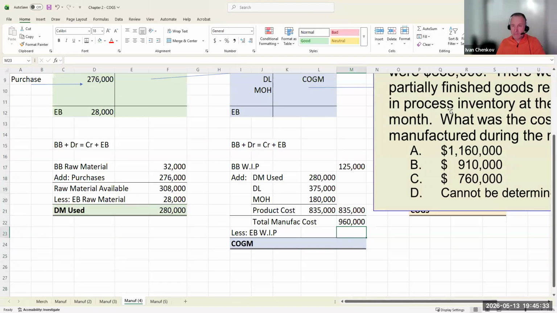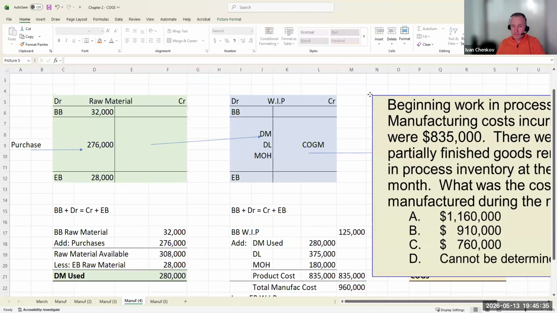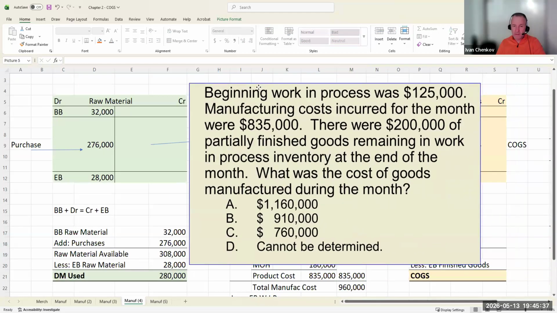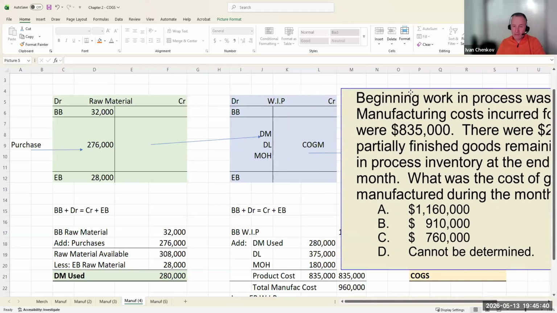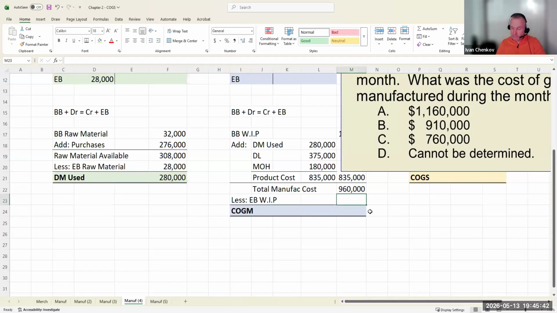Ending balance on the question is 200,000. And now I can get the final results. Is that how you guys are doing it?